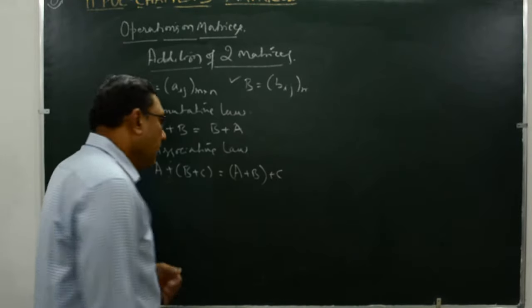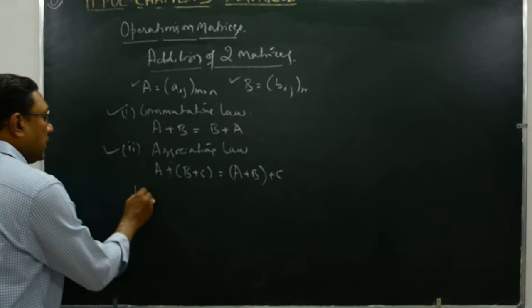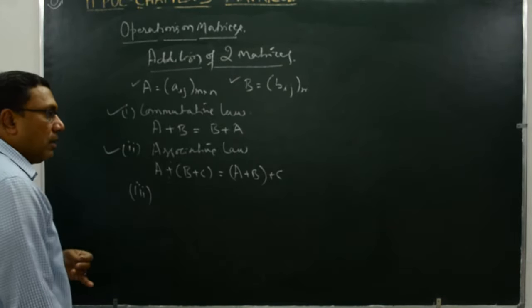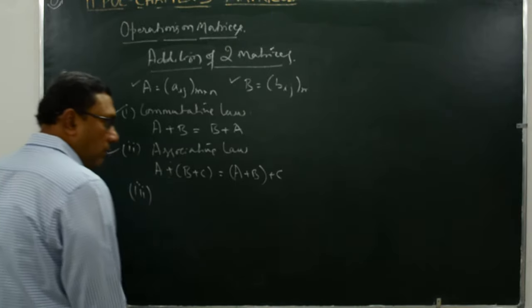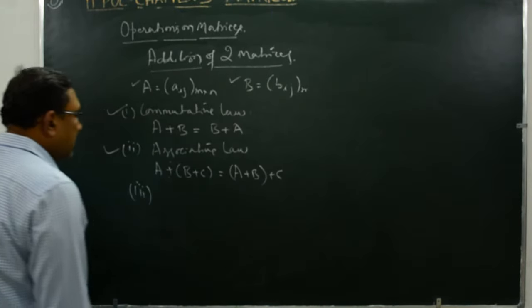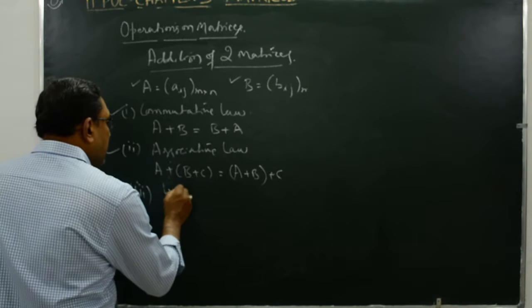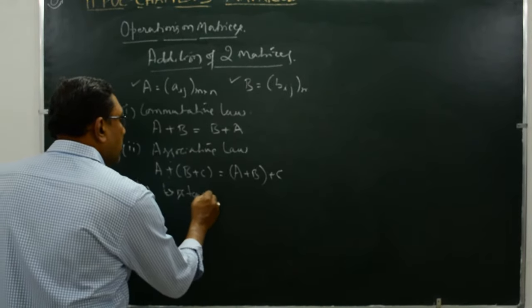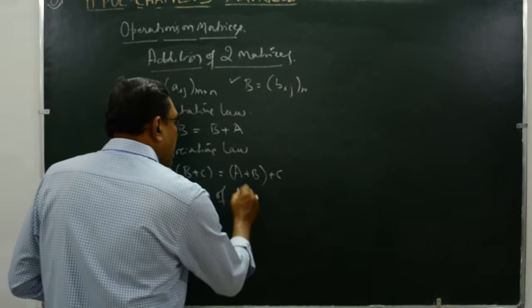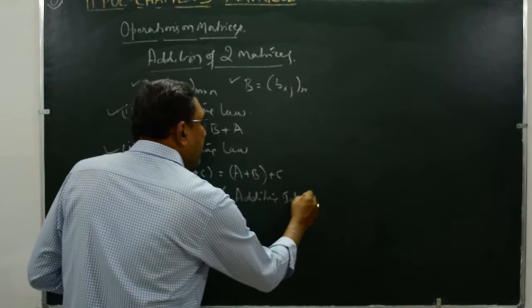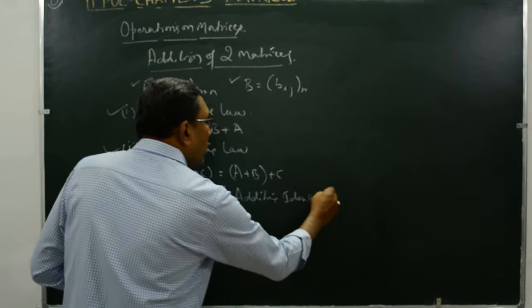And the third property of addition of matrices is the existence of additive identity. What do you mean by that?